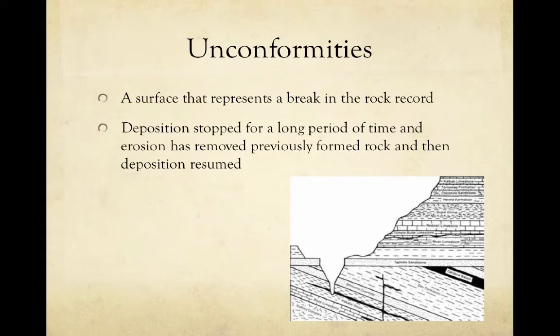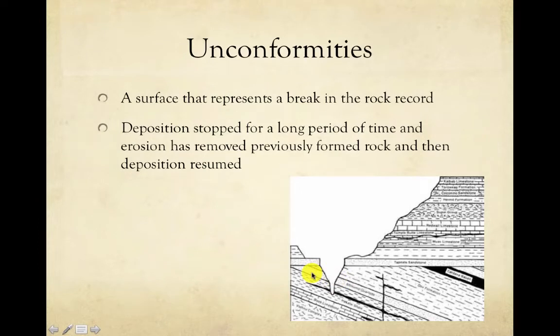And then deposition, when rocks are being laid down again, has resumed. So this bullet point is saying that we stopped laying down rocks and then some weathering occurred, something to happen like this dip right here, and then later more rock is layered down in there. So we're missing all of these parts of the rock record that would have filled in this gap.